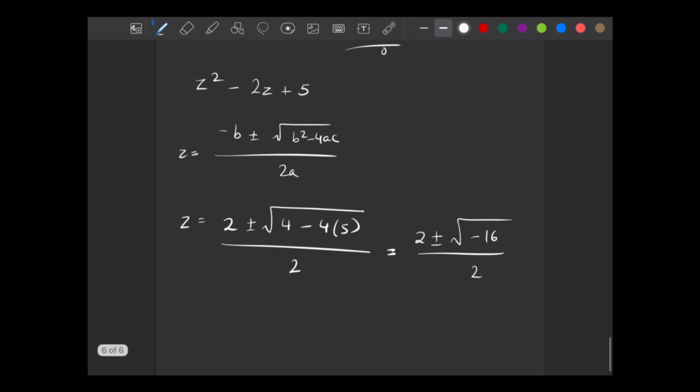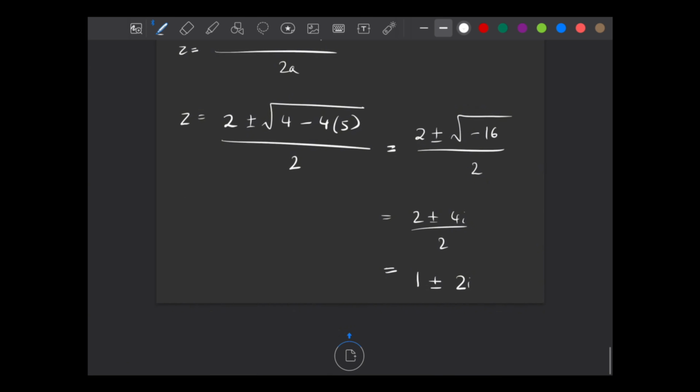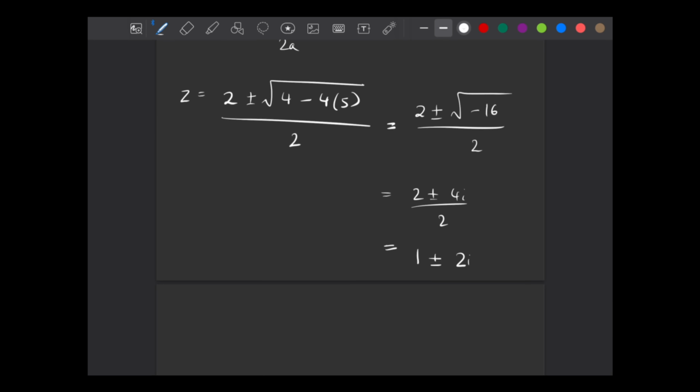Now the square root of minus 16 will just give me 4i, which is quite nice. So dividing the numerator by 2, I end up with 1 plus or minus 2i. So we can see that the other two roots do form a complex conjugate pair.